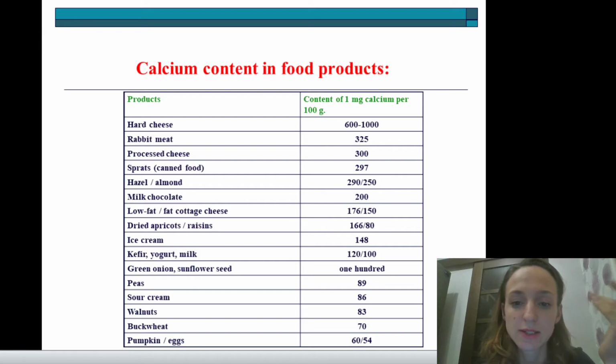So, calcium content in food products. Here you can see some products and content of milligrams of calcium per 100 grams.